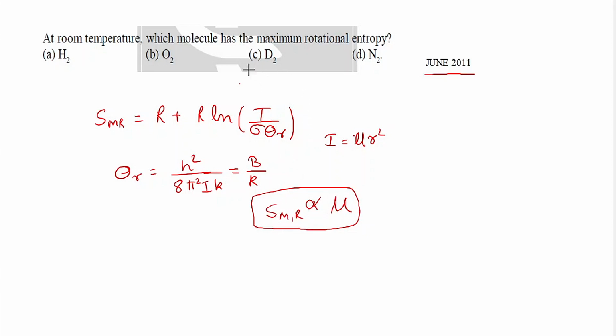Hydrogen has the least mass, so it is number 1, then deuterium number 2, then nitrogen number 3, and then oxygen number 4. The maximum mass is of oxygen, so oxygen shows the maximum rotational entropy. Clear? Moving on to the next numerical.